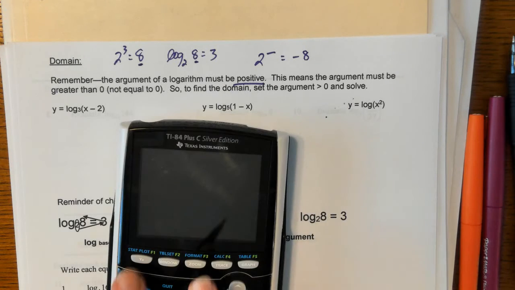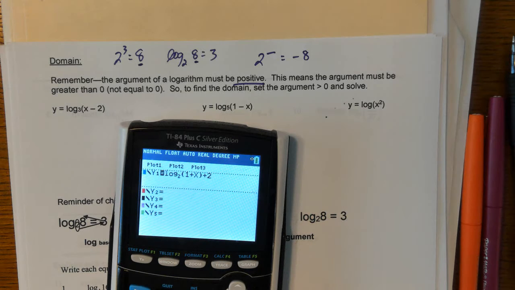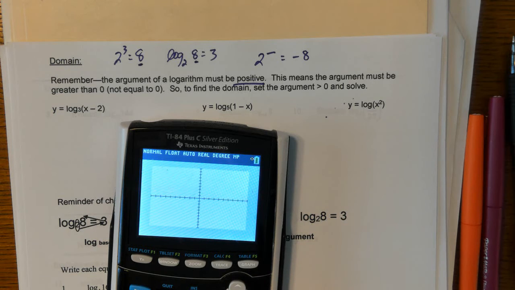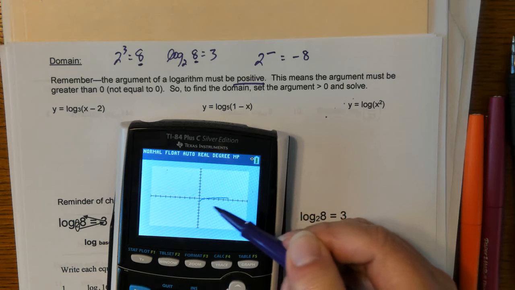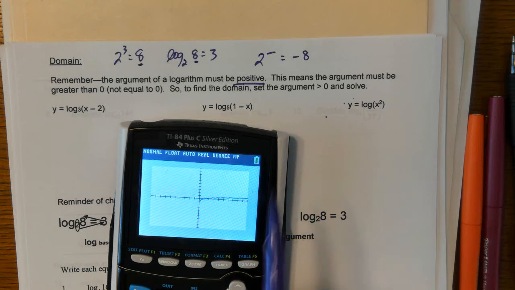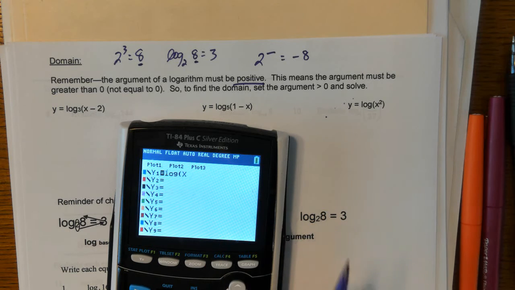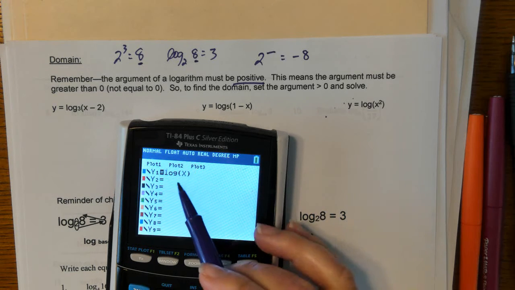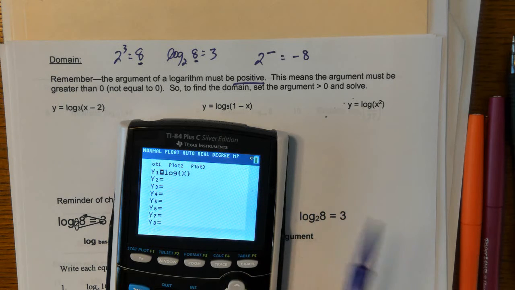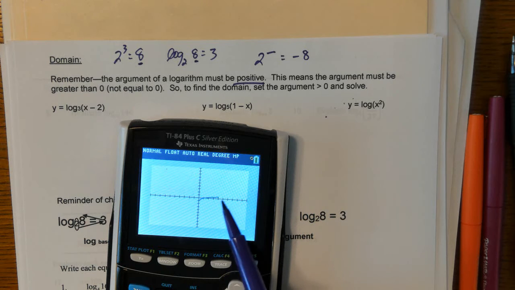When we went back to our graph of y equals, let's clear that one for just a second, log base x, the graph only existed for positive numbers because in that case, the x value was the argument. The argument had to be positive numbers. The graph only exists when that argument number is positive.